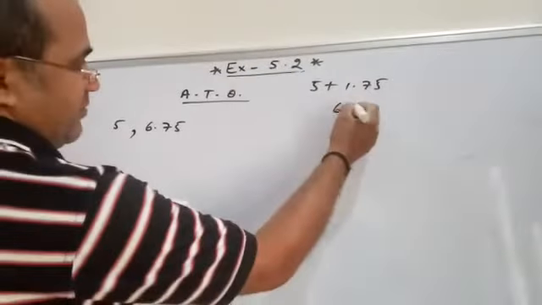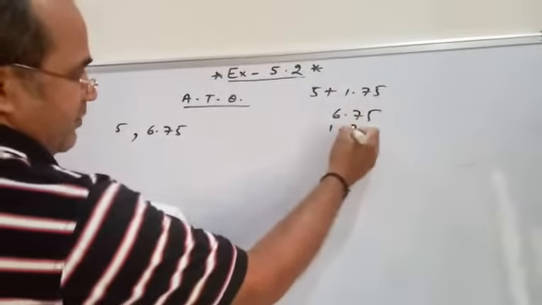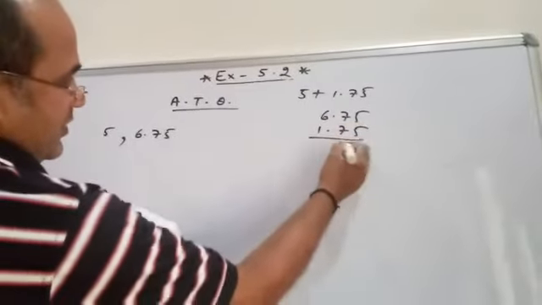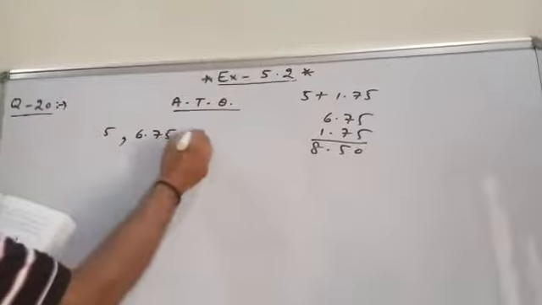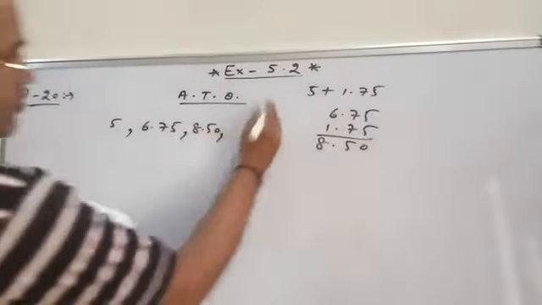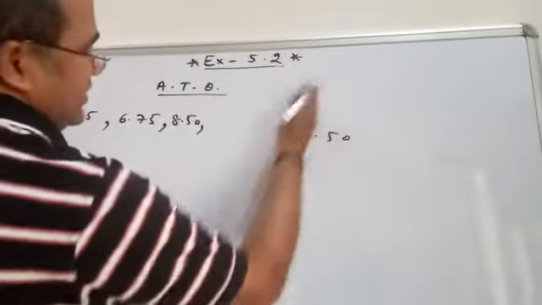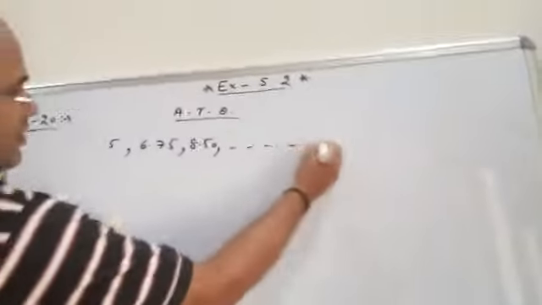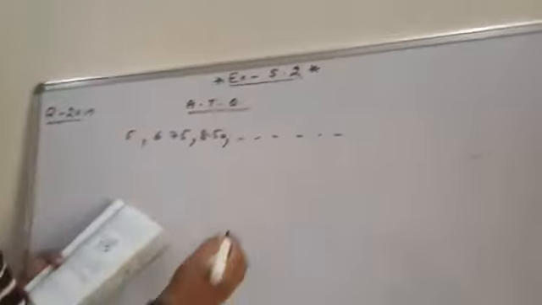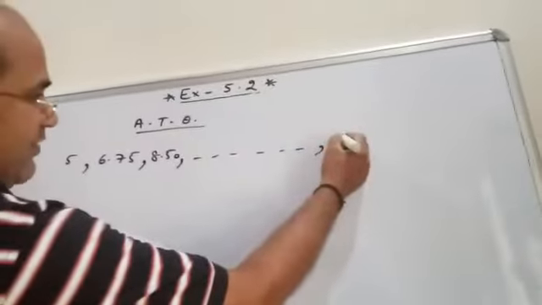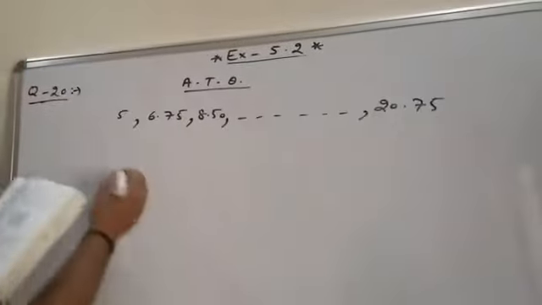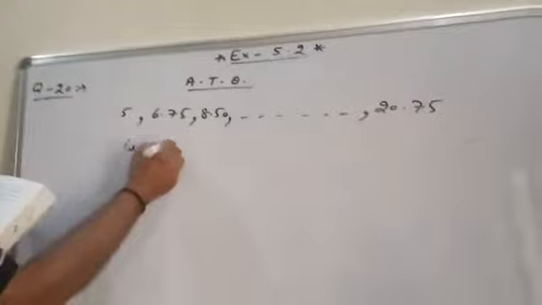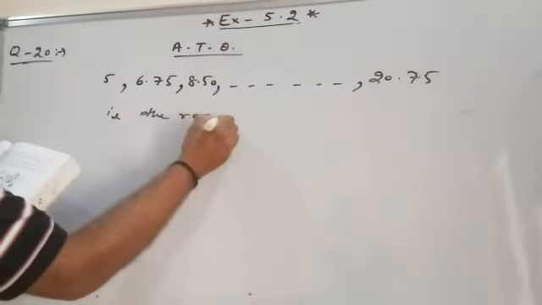Then 6.75 plus 1.75 becomes 8.50. Like this, she will continue. At last her saving becomes ₹20.75. You can write this as the required AP.